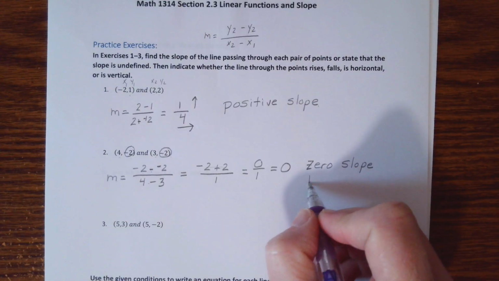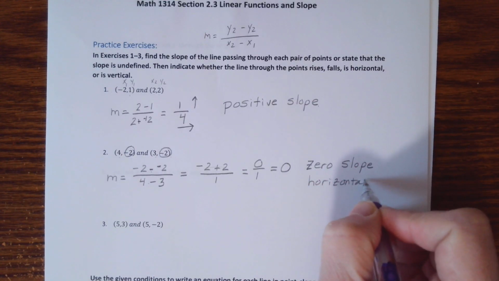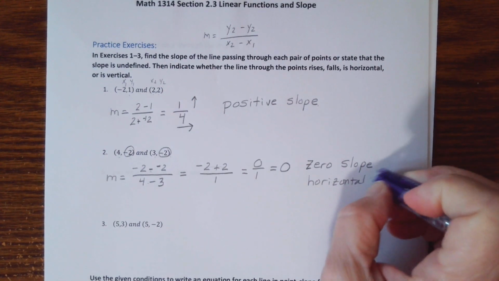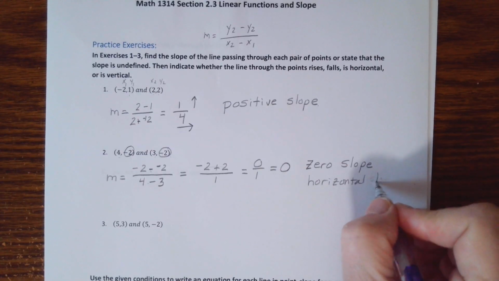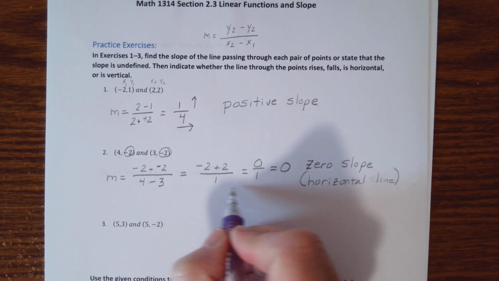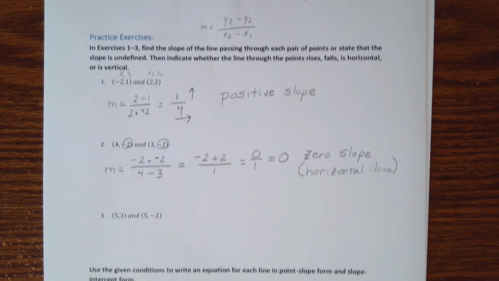And it would be a horizontal. What's a horizontal line? Because it has zero slope, a horizontal line. This is a horizontal line. There is no slant there. All right, let's do the next one.